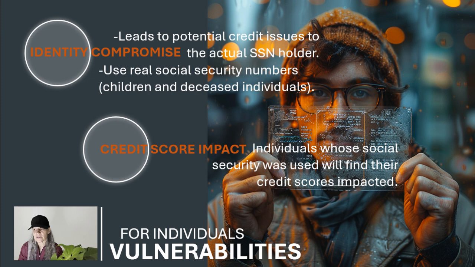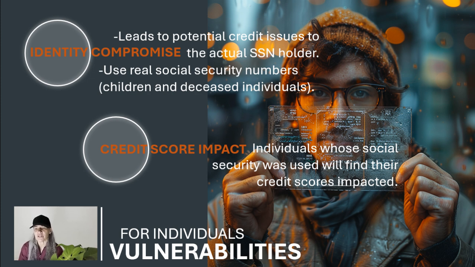For individuals, there is identity compromise. Fraudsters often use real social security numbers, especially those of children or deceased individuals, as part of the synthetic identity, potentially leading to future credit issues for the actual social security number holder. Credit score impact.